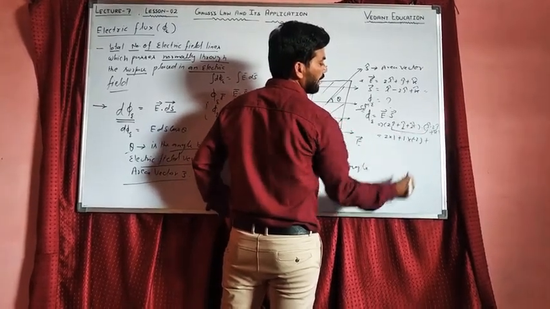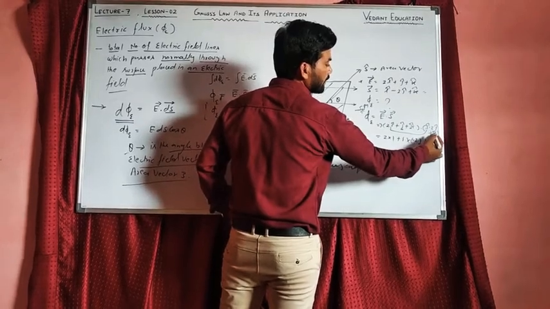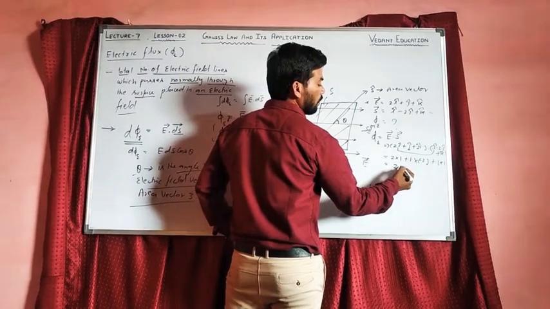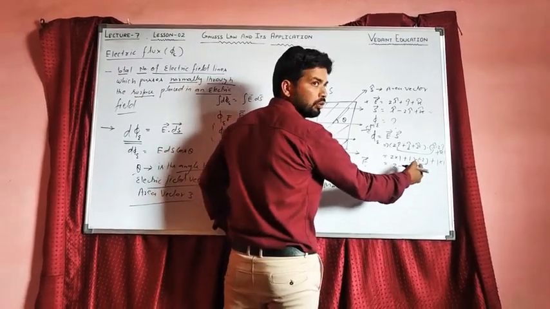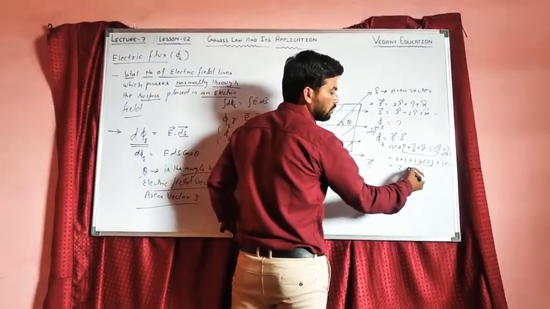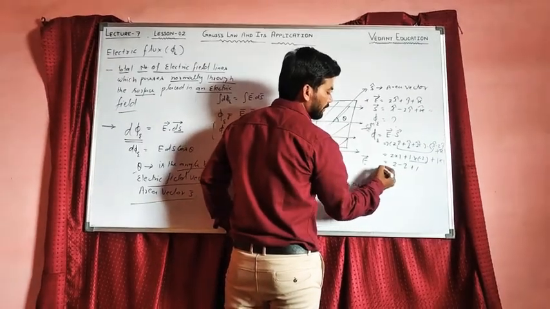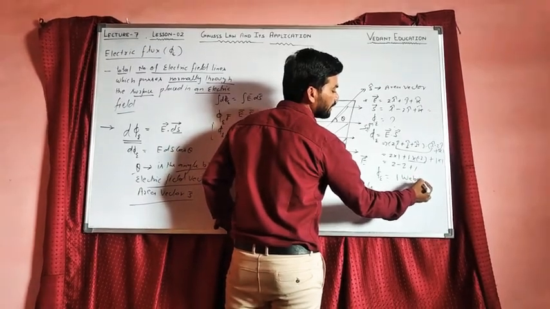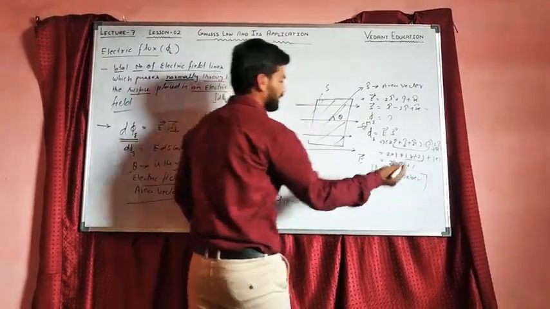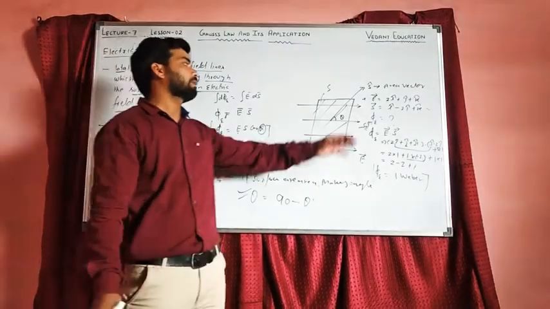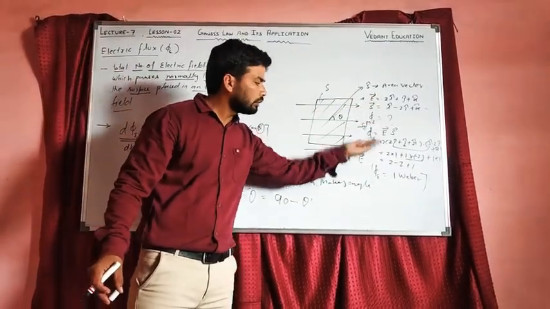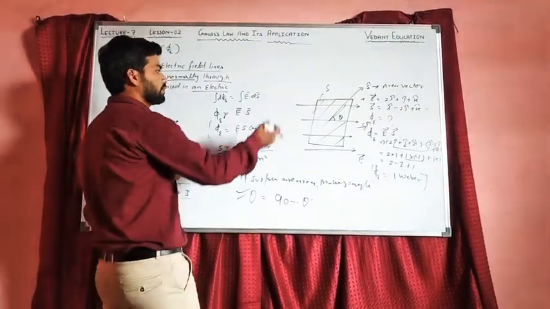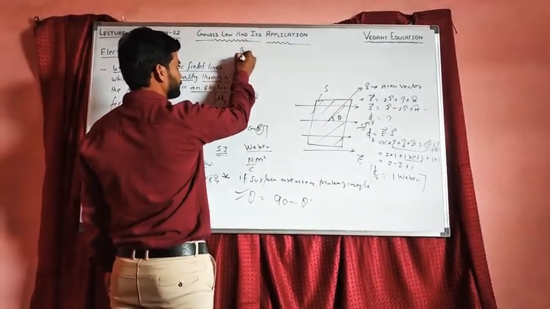Plus the coefficient of k cap, which is 1 and 1. So 2 minus 2 plus 1. What is the value of electric flux linked to the surface? 1 Weber. Right? This is the simple general question. If the question provides you both vectors, then you can easily calculate the flux linked with the surface area. Let's see the next problem.